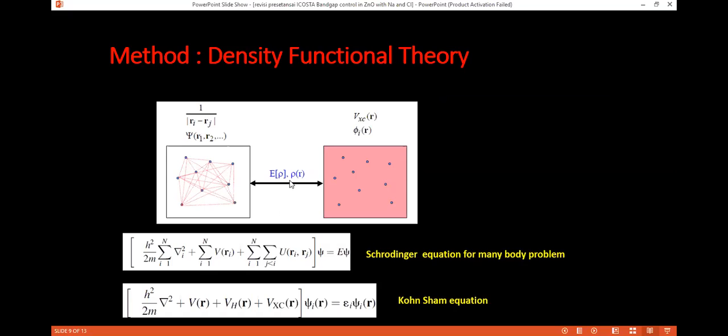They considered that this system can be replaced by one electron interacting with a potential produced by all other electrons. So it becomes a one-body problem. That's why the Kohn-Sham equation looks similar to Schrodinger, but much simpler.